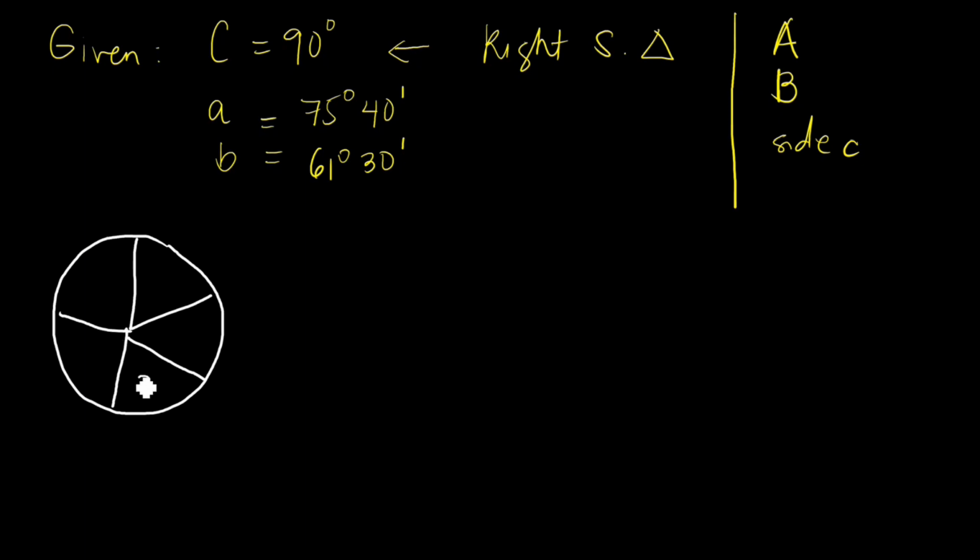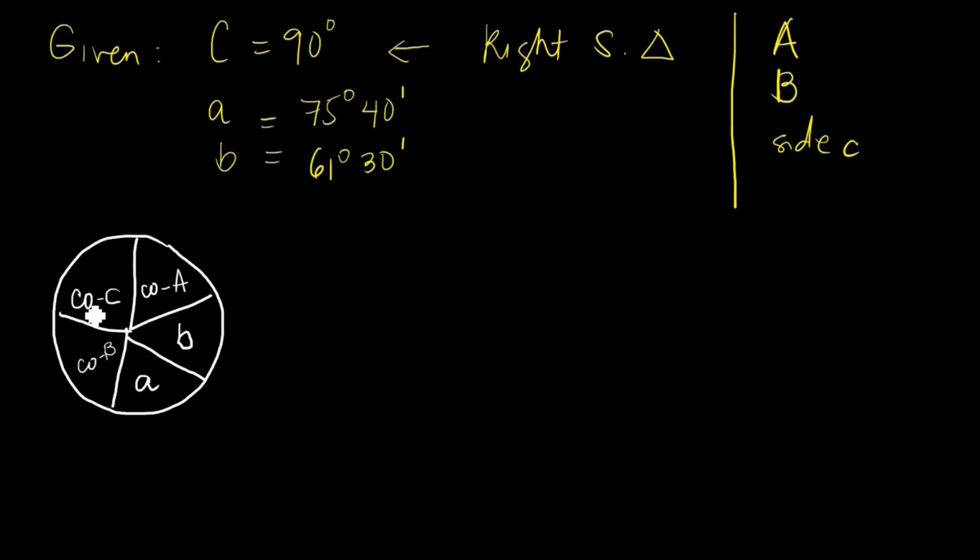We have side A, which should be beside side B. Opposite sides A and B is the complement of side C. Then here we have the complement of angle A, and here the complement of angle B.